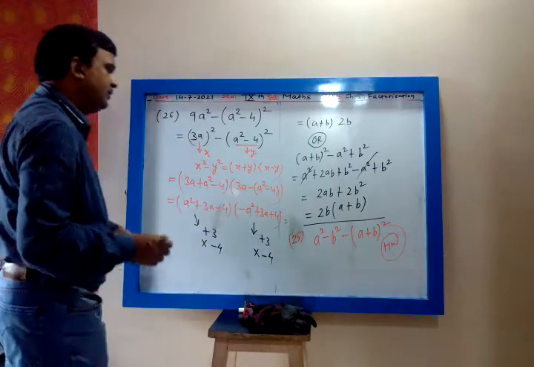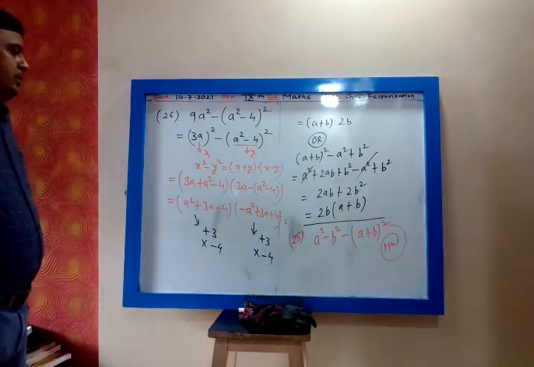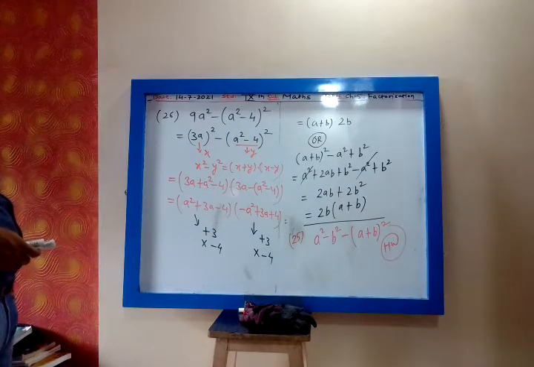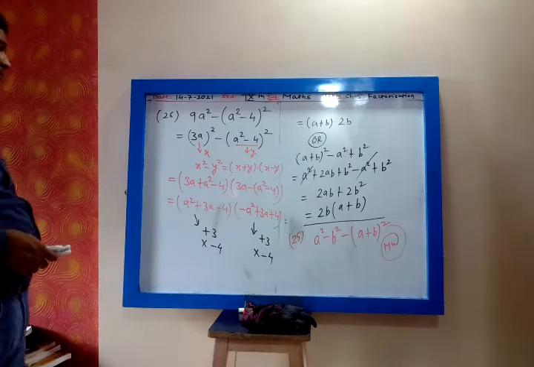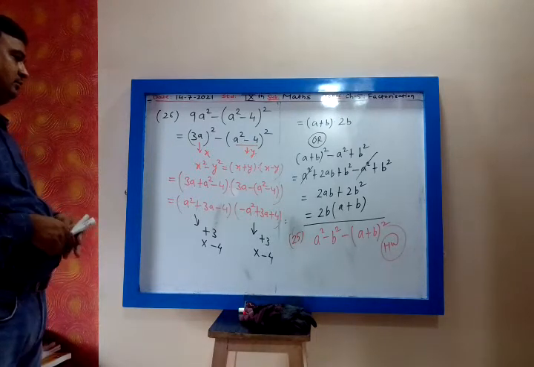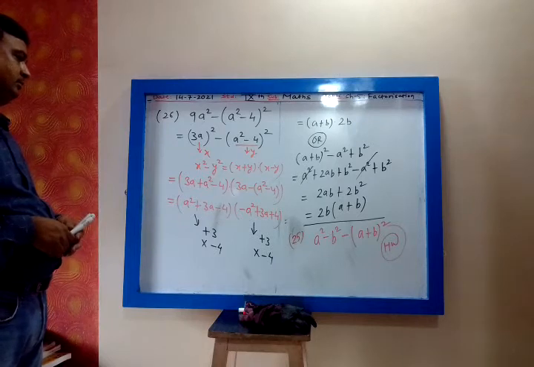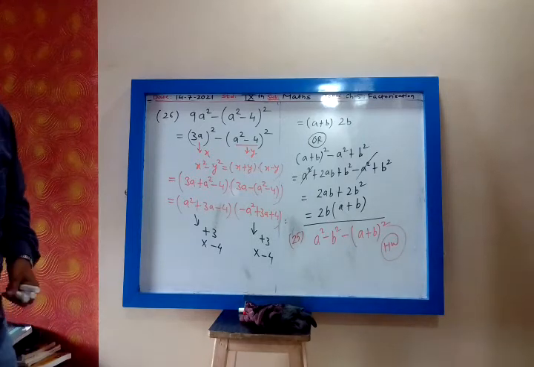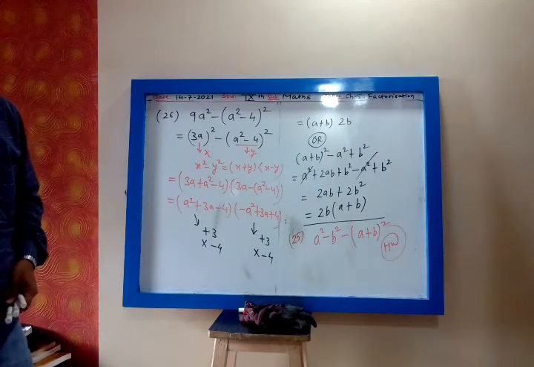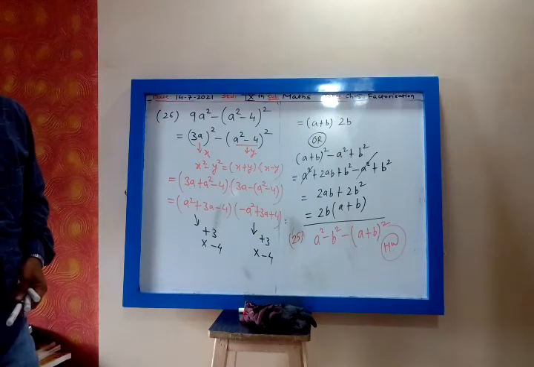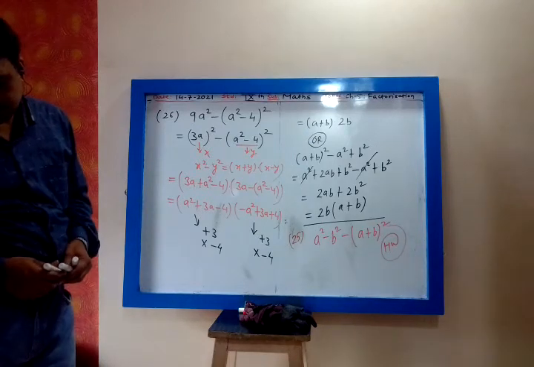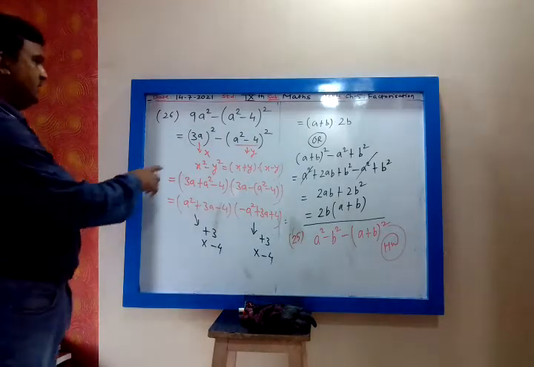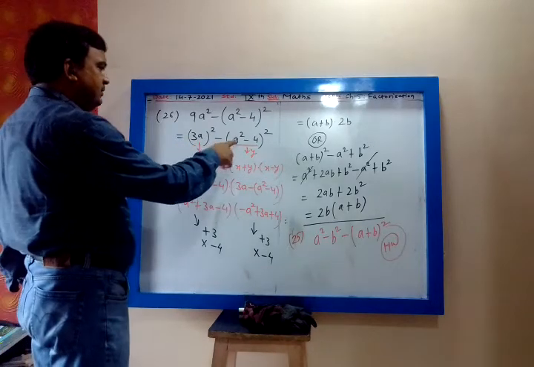Minus 1 into 4, minus 4. Sum is 3, multiplication is minus 4. Yes, what you can factorize is: so that will be (3a minus a square minus 4).